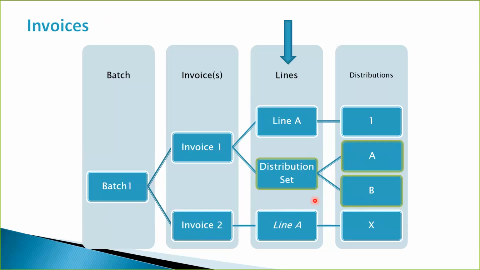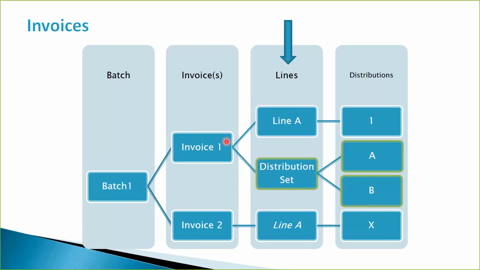So how you can use a distribution set is you enter the invoice, then instead of entering the distributions manually, you will have created a distribution set that contains the accounts that are going to be affected, okay? So in this case, when we are talking about meals, it's a specific account that's hit for every division or for every department at the end of every month. So you'll just create a distribution set containing those accounts.